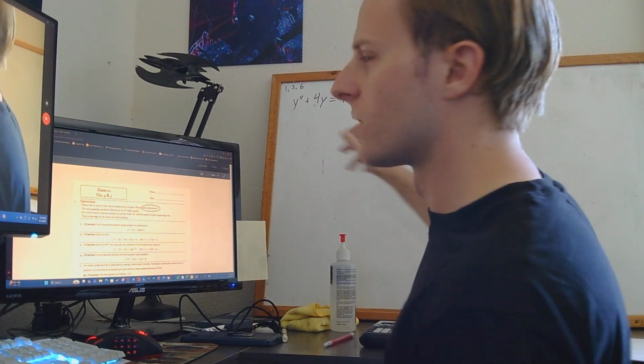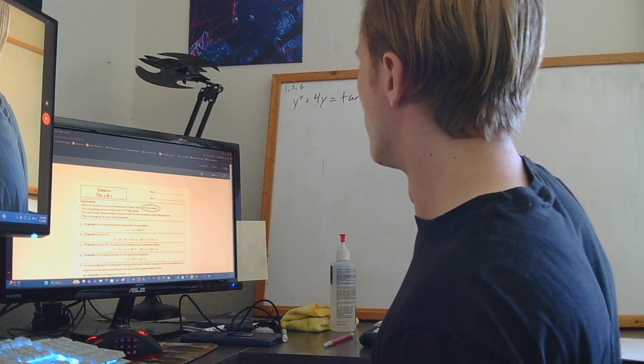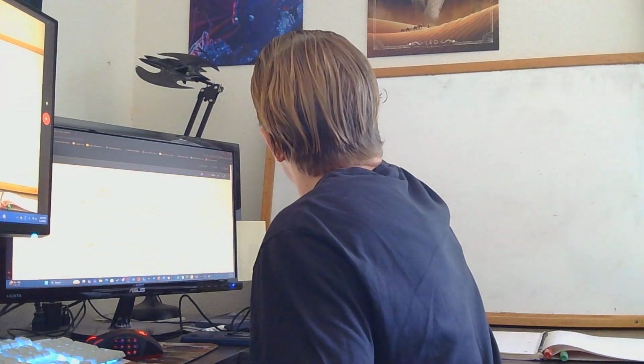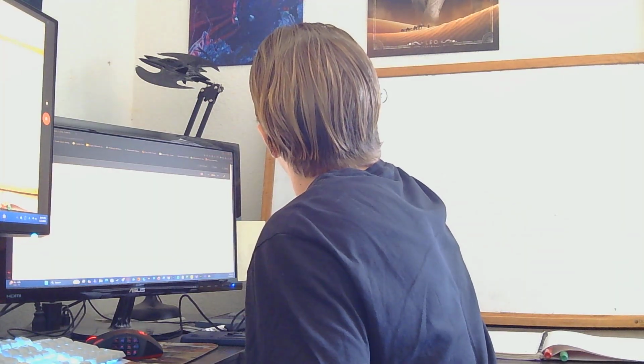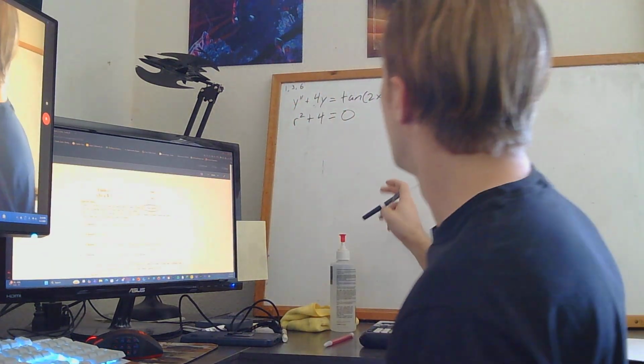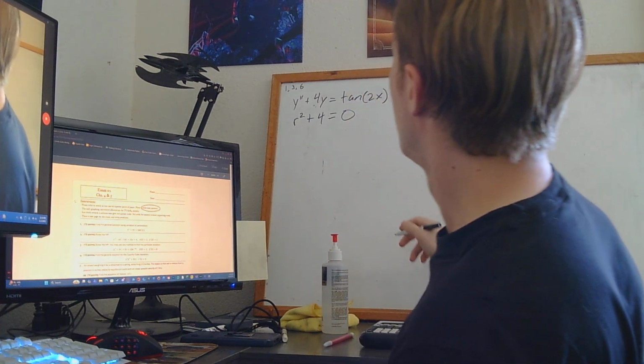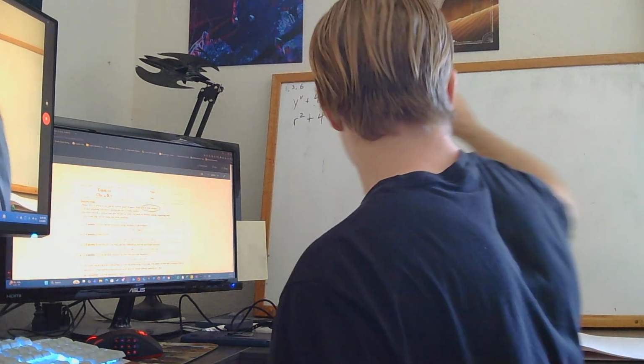Alright, so first thing I'm gonna do is solve the left hand side first. So I'm gonna set that equal to 0 and figure out what the r's are. So r squared plus 4 equals 0. Okay. Alright, I'm gonna use the quadratic formula to figure out r.